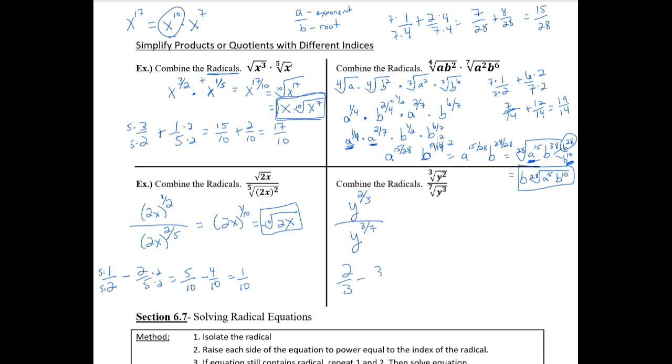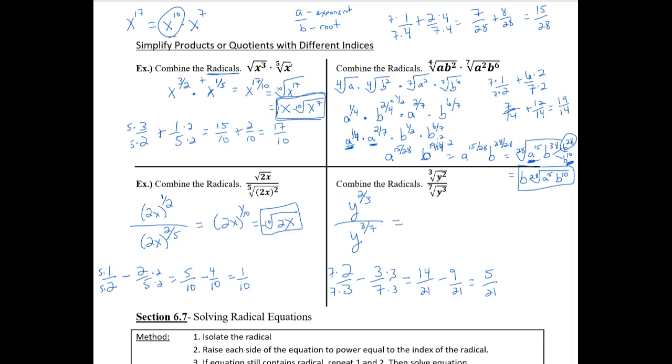2/3 minus 3/7. We need a common denominator, so I multiply by 7 on the left, multiply by 3 on the right. Now I have 14/21 minus 9/21. 14 minus 9 is 5/21.